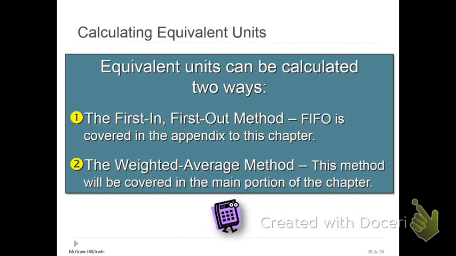Now, calculating equivalent units can be done 2 ways. I will have a very brief discussion about FIFO at the very end, but for the most part, what we're going to be worried about in the main part of the chapter is the weighted average method. To be quite honest, everything I'm teaching you in the main part of the chapter is the weighted average method, and that's what you're going to be held responsible for on an exam.